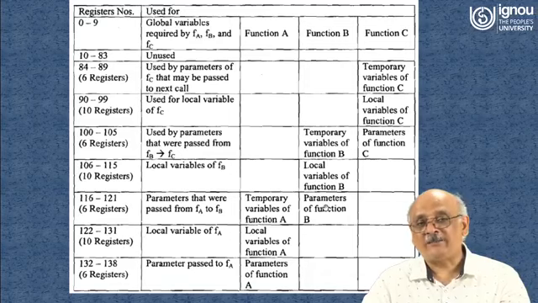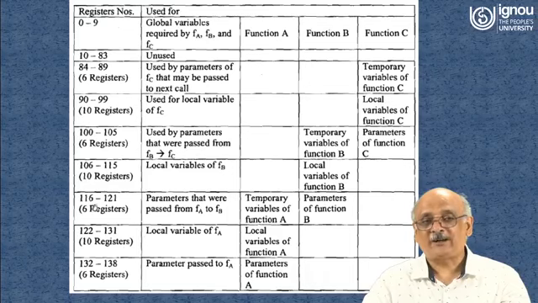Function A calls function B knowing my values are here, in registers 116 to 121. There is no physical movement, except that before calling, it moved some value over here, and thereafter the call to function B is seamless, because there is no need to transfer; the values are already in the required registers.